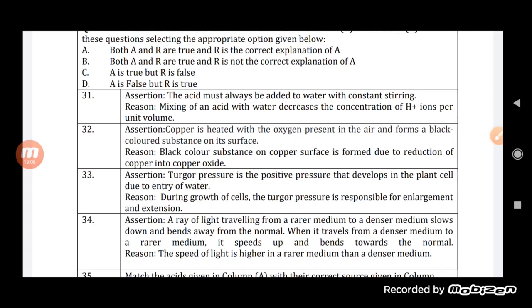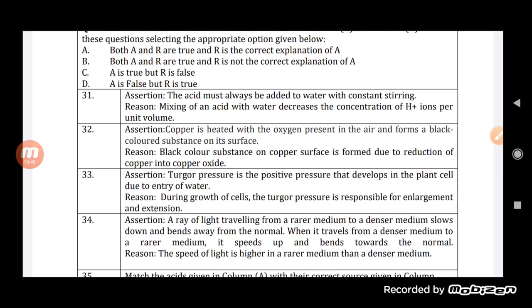So assertion is given that copper is heated with the oxygen present in the air and forms a black color substance. And this black color substance on the copper sulfate is formed due to the reduction of the copper to copper oxide. Yes, that is also a correct one, in which the assertion and the reason both are correct, and the reason is the correct explanation.